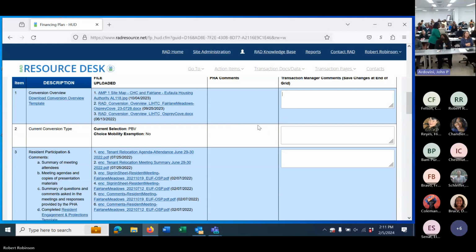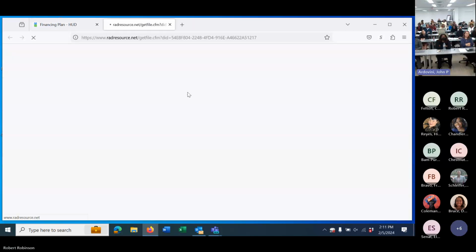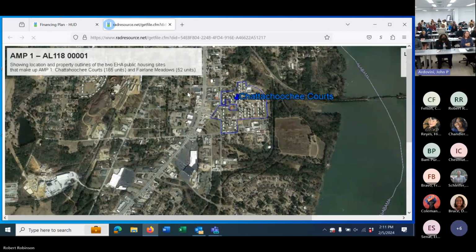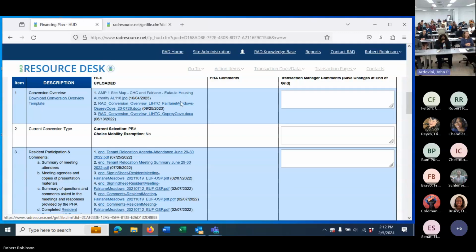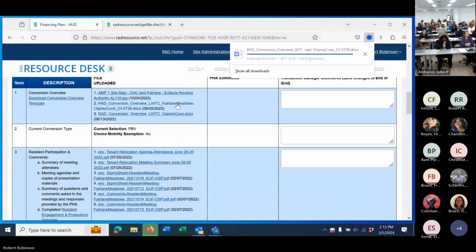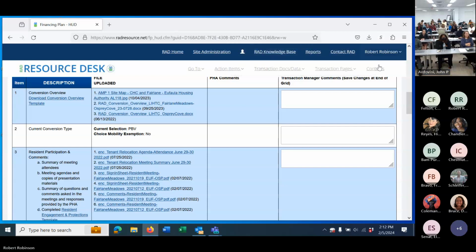If you open the conversion overview, and as you go through it, it says they have 58 units, but, sorry.